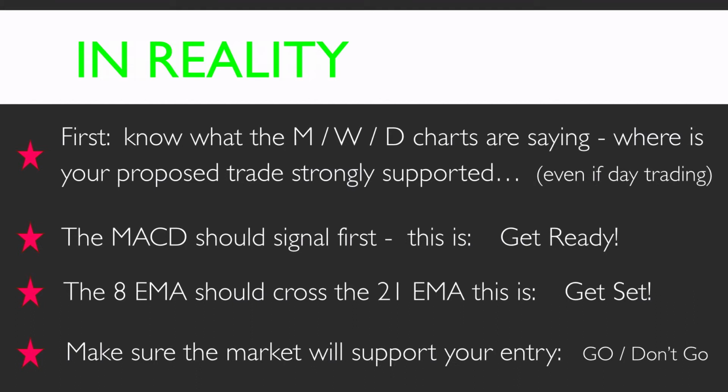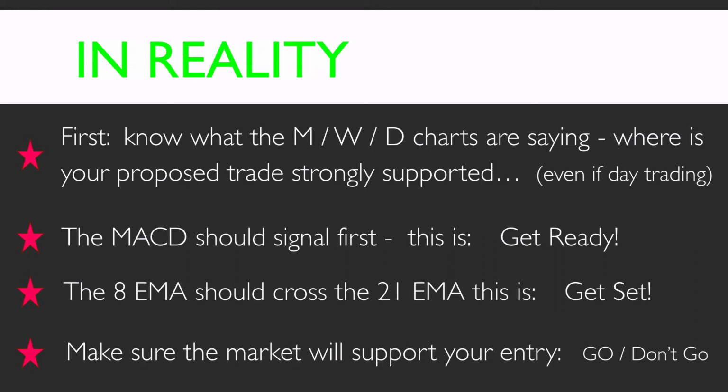Well, if you are, you better have support from the monthly, and the daily better be dynamite. You've got to know where your support is on this trade. Even if you're day trading, I like to trade in the same direction as the weekly and daily setups, where the daily and weekly power is. Okay? I don't have to, but it's so much simpler.